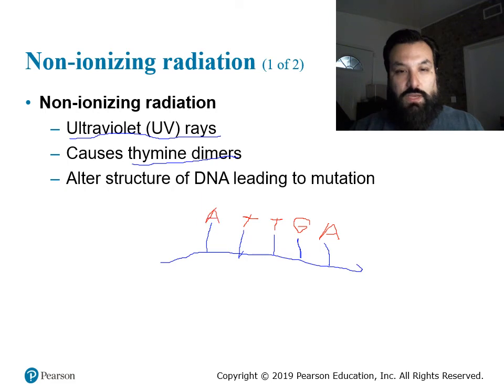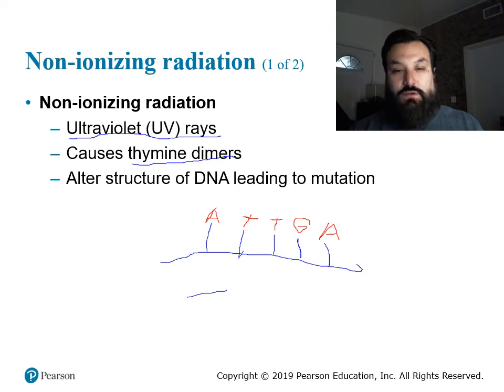Well, when UV light shines into bacteria, for example, anywhere where you see two T's put together like you do right here in the middle, you're actually going to form a thymine dimer.